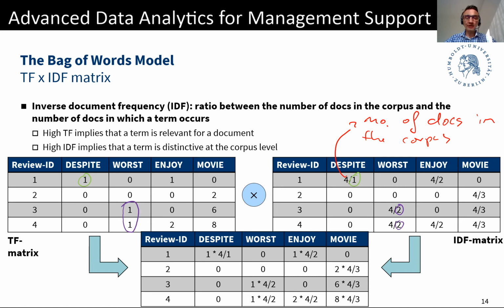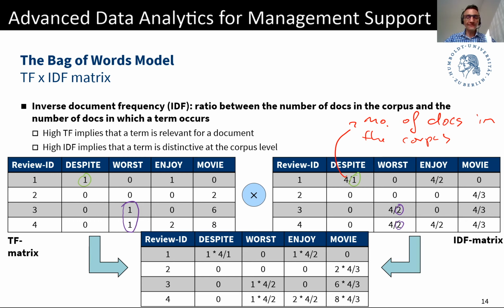And the only reason why we don't use document frequency but inverse document frequency is to ensure that higher values, well, indicate something that's better. Higher values are better. Higher values are what you want. Higher values are associated with infrequent words, and infrequent words are more interesting.